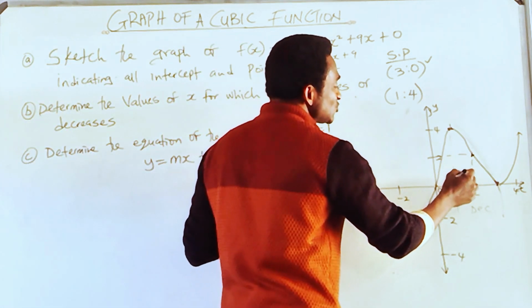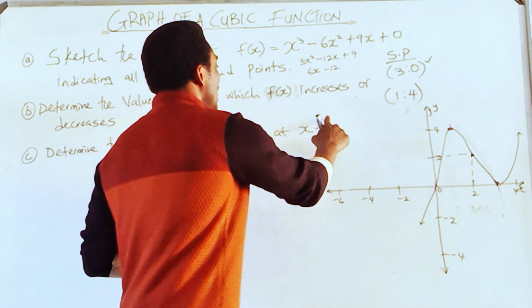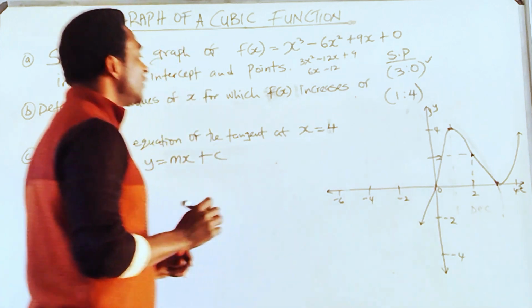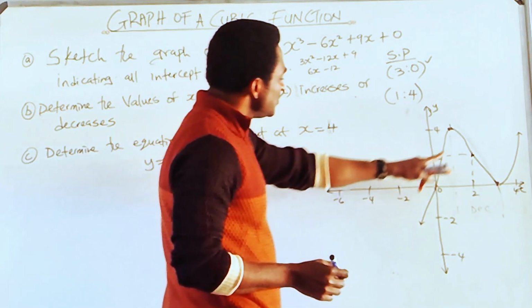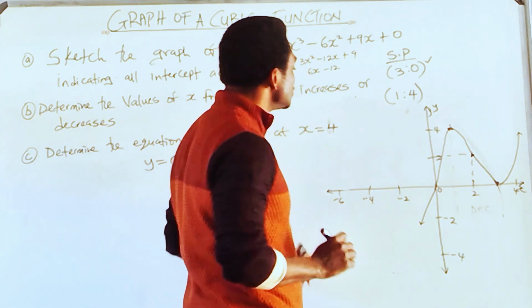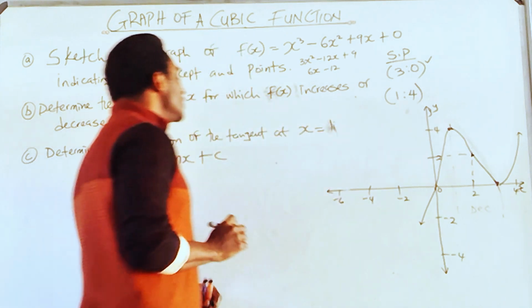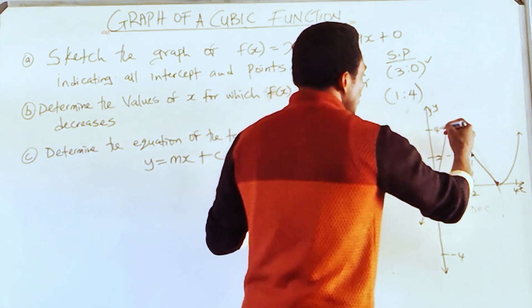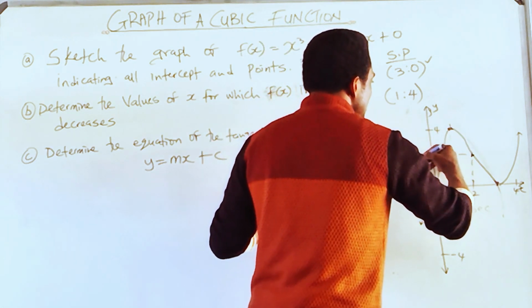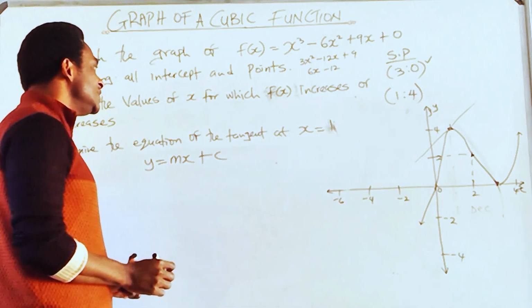At x equals 1, the tangent equation passes through x equals 1, so it will be something like this. The tangent equation will be a linear equation.